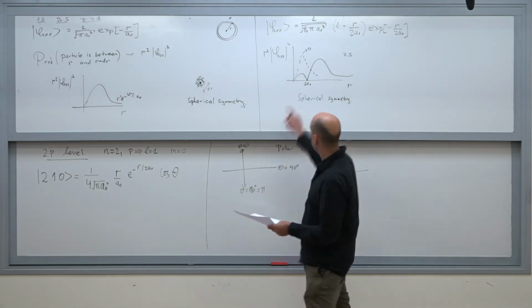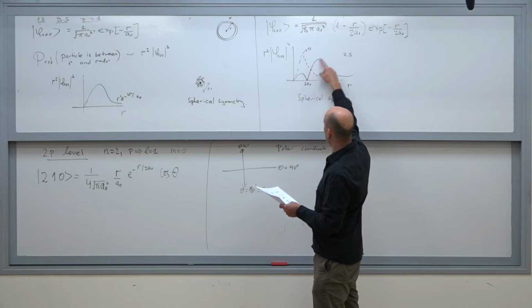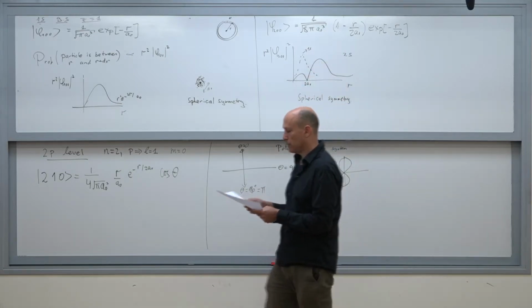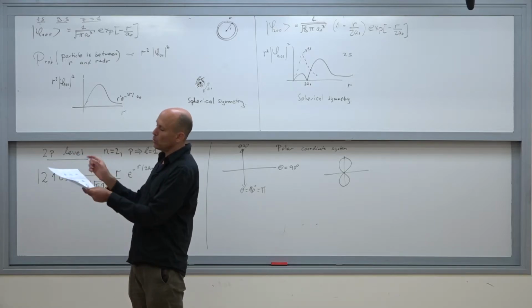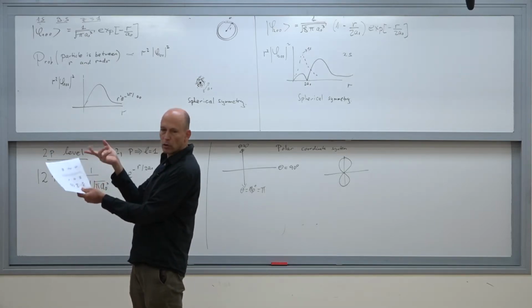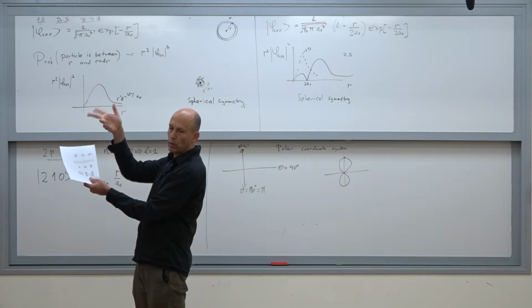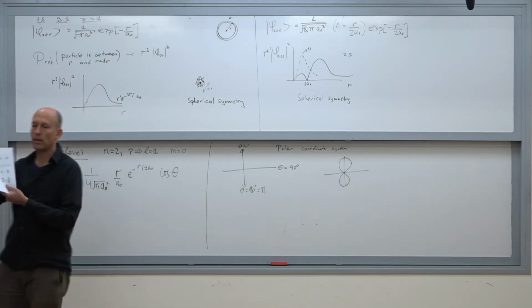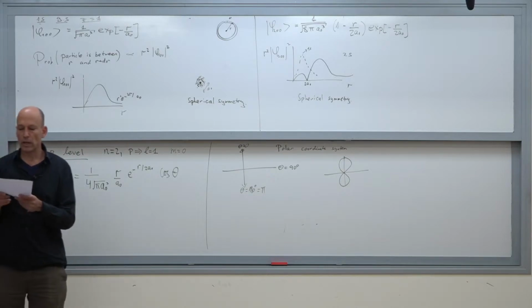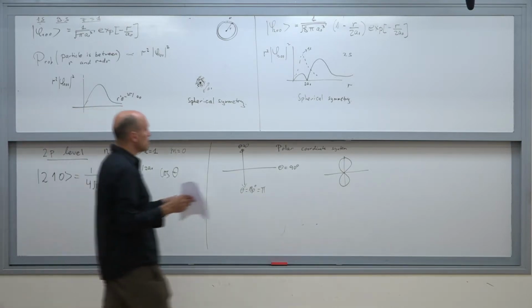Then you go to 2s. So you see here, you have these zeros. If you have a good view, namely, you take this picture, you also have to be able to rotate it in your mind out of the plane of the figure, because it's actually in 3 dimensions. But what you see here is these zeros.